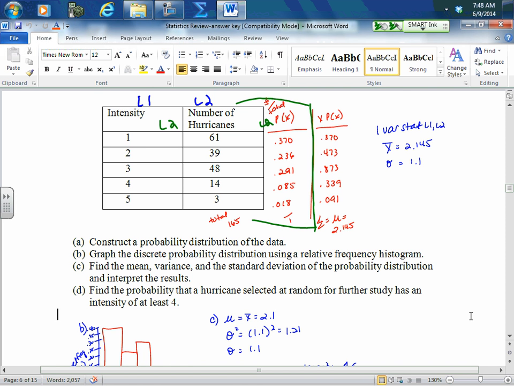You put it in your L1. Both work either way. Because what happens in the second one when you use this as L2, these all add up to 1. So what happens is you don't get a sample standard deviation, you just get a population one, and that's fine. Because it can't subtract 1 from 1 and give you a sample. So you're looking for the mean, and you're looking for your population standard deviation.